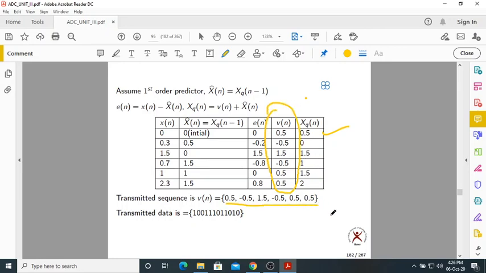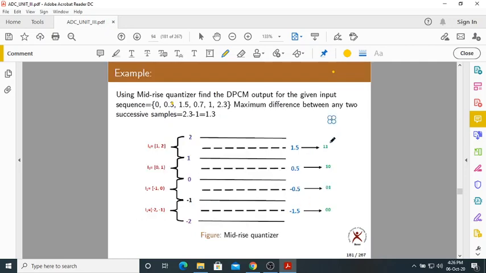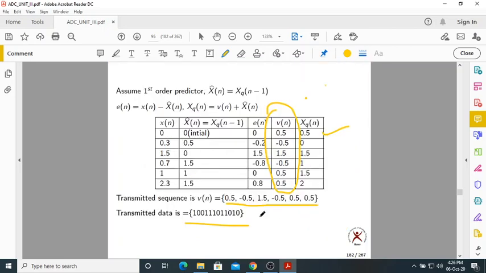This is the data you are encoding. How to encode? If it is 1.5, encode 11, something like that. So this is what is being transmitted from the transmitter of DPCM.